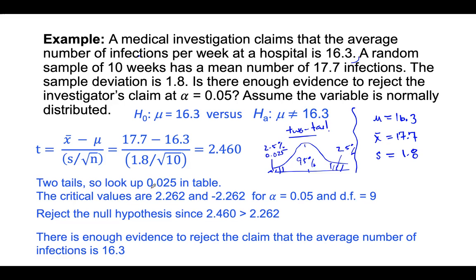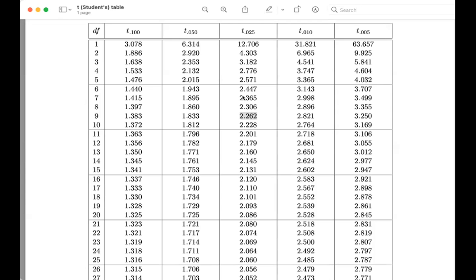And you can look up 0.025 in this table. The degrees of freedom are 9 because there were 10 samples, and we have 0.025 is what we're looking up. So we get 2.262.